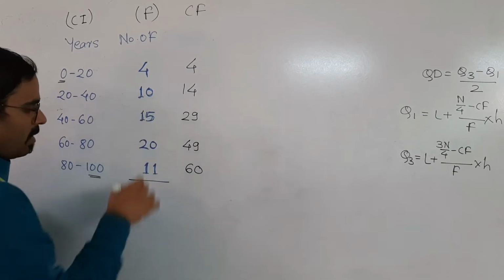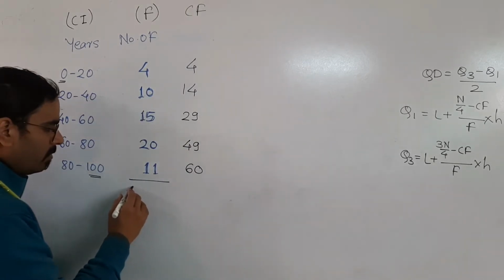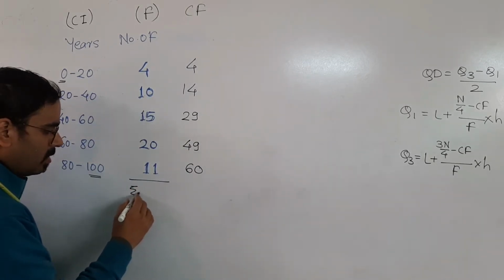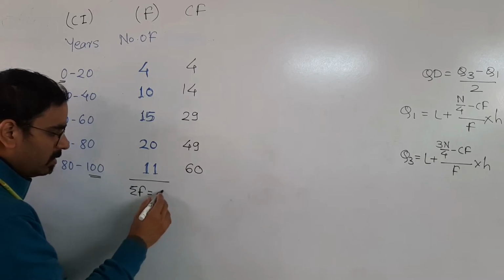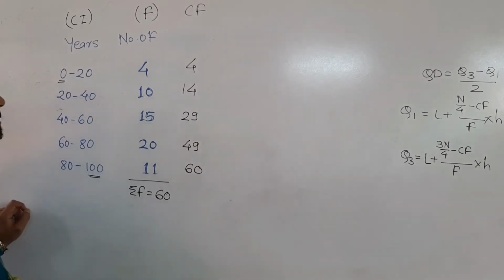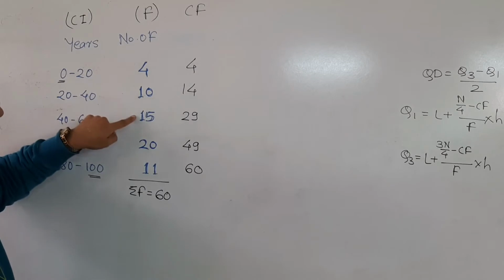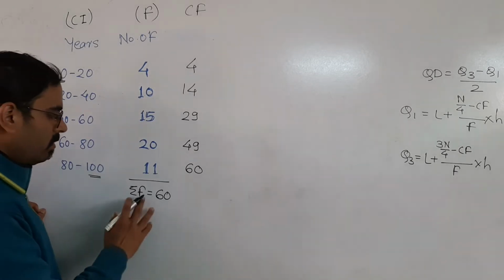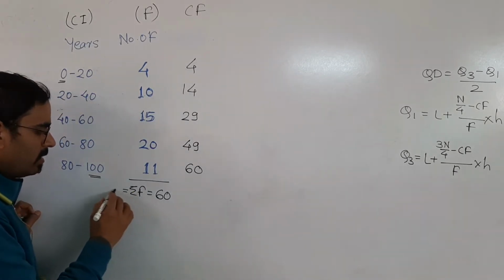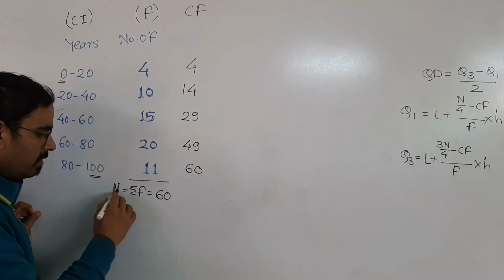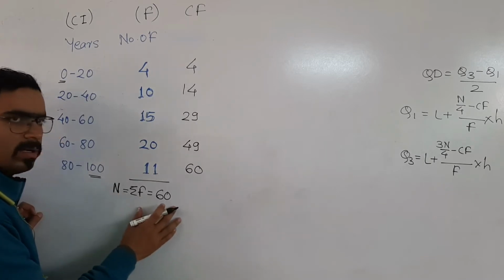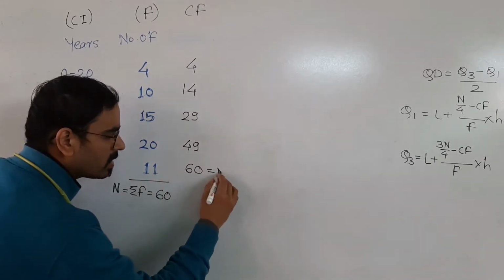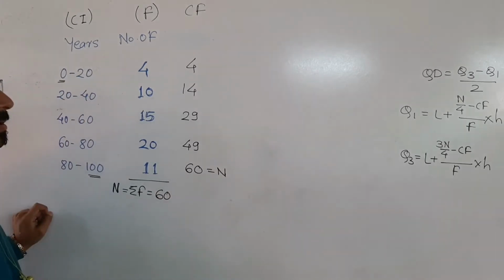If you sum up, the summation of frequency will be 60. That is nothing but N. That is the value of N. So N is 60.